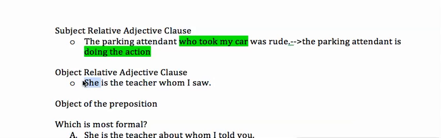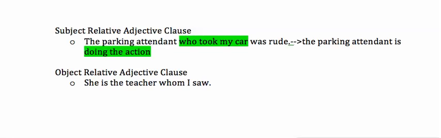My question again is, is she doing the action or is she receiving the action? And again, our adjective clause here is whom I saw. So she, what do you think? Doing the action or receiving the action? And yes, good job. She is receiving the action.